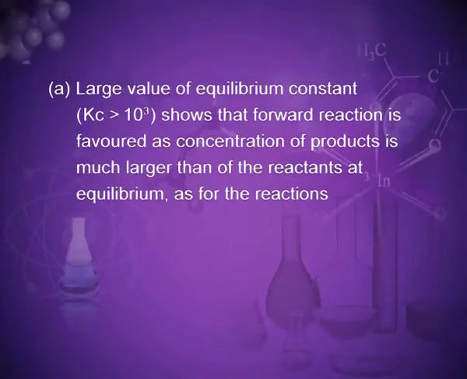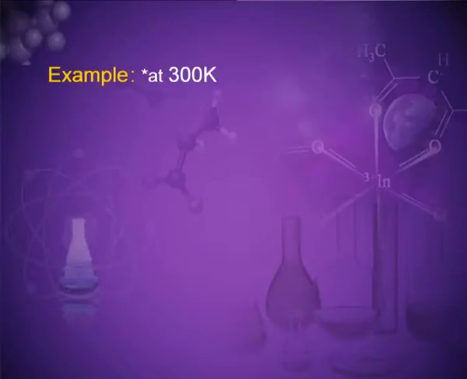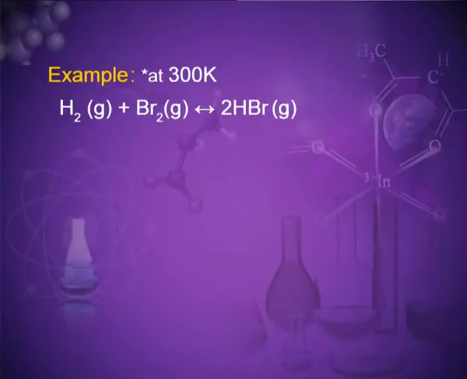Point A: a large value of the equilibrium constant, meaning Kc greater than 10 to the power 3, shows that the forward reaction is favored, as the concentration of the product is much larger than that of the reactants at equilibrium. For example, at 300 Kelvin, hydrogen reacts with bromine to give 2 molecules of HBr, H2 plus Br2 gives 2HBr.